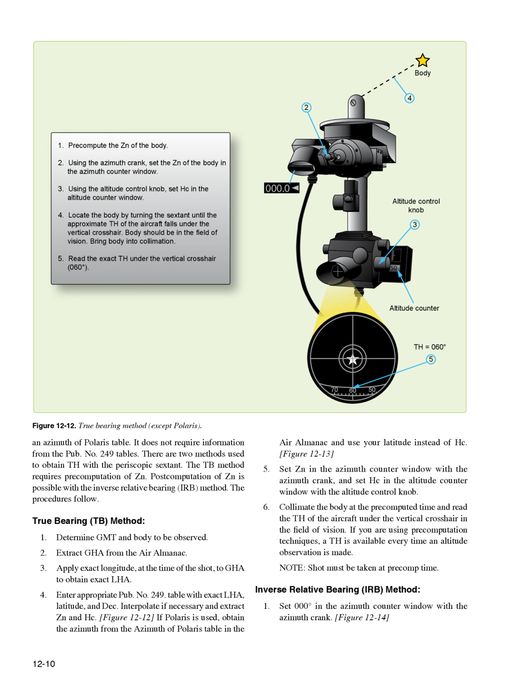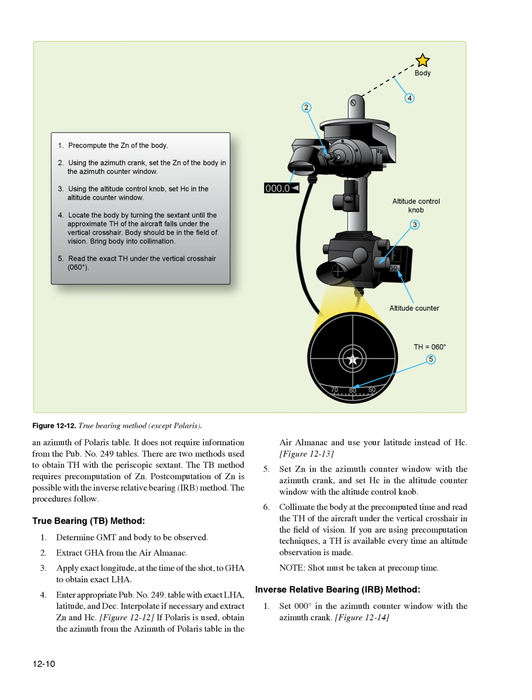Set Zn in the azimuth counter window with the azimuth crank, and set Hc in the altitude counter window with the altitude control knob. 6. Collimate the body at the precomputed time and read the TH of the aircraft under the vertical crosshair in the field of vision. If you are using precomputation techniques, a TH is available every time an altitude observation is made. Note, shot must be taken at precomp time.